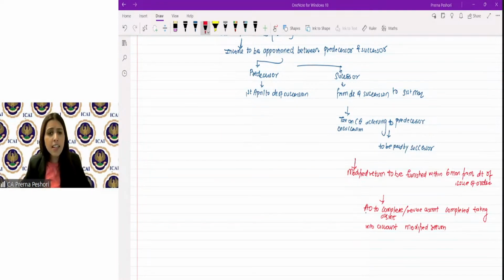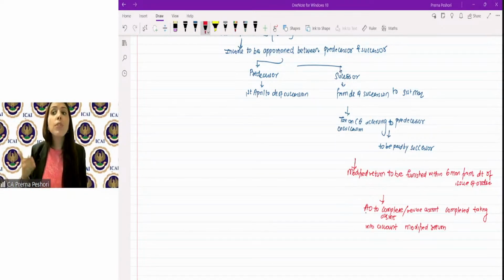Mansha, if the assessee has selected the wrong ITR, though he has disclosed all the income, it is possible that he has not disclosed all the information. Let's say, for example, you wanted to go for ITR 2, but you have wrongly selected ITR 1. Now, in ITR 1, you cannot disclose the directorships, the shareholdings in different companies where you are shareholder or director, or the details of the foreign assets.